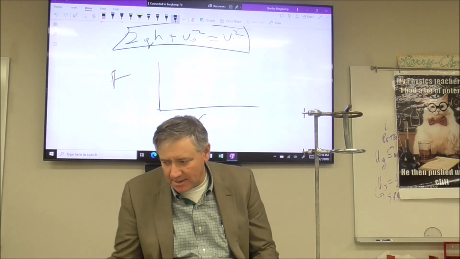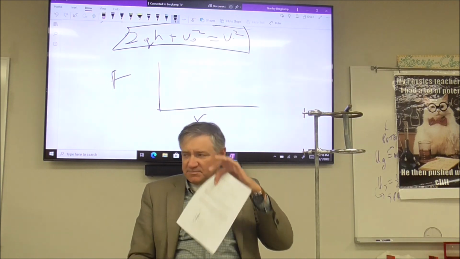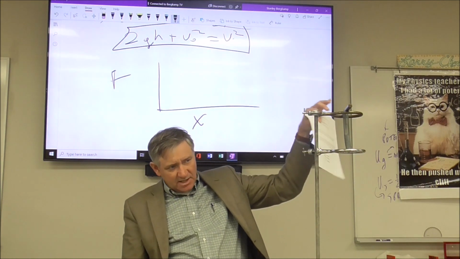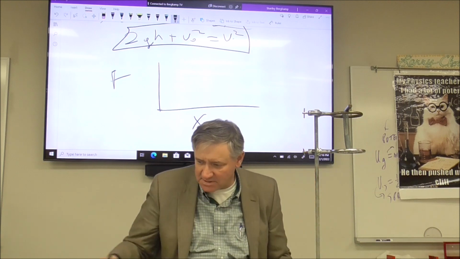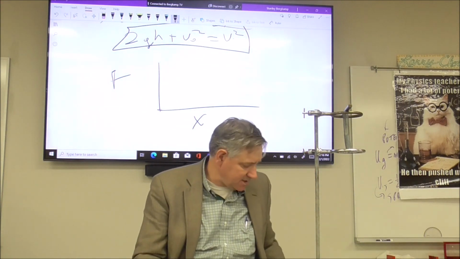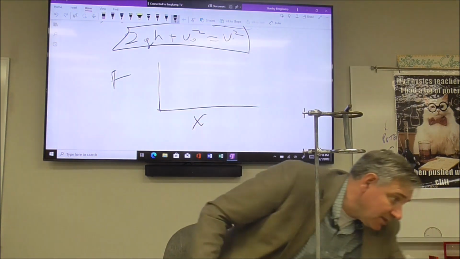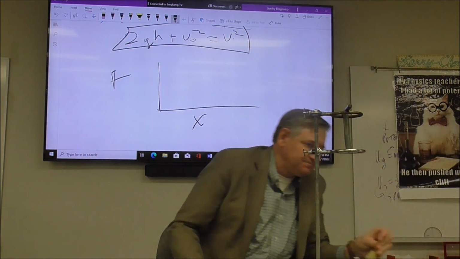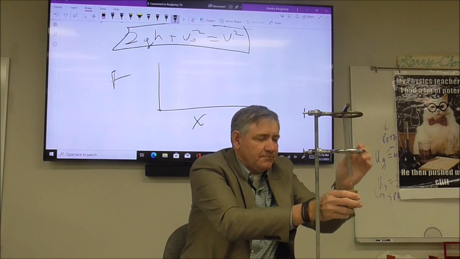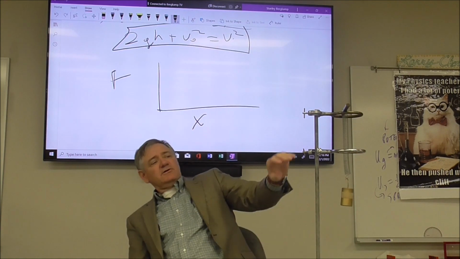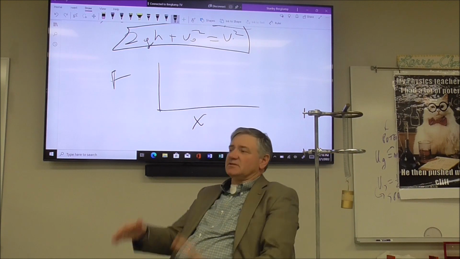On the lab, I tell you specifically which masses I want you to use: 0.4, 0.5, 0.7. You're going to take, for example, that 0.5 kilogram mass, and you're going to have a certain elongation.